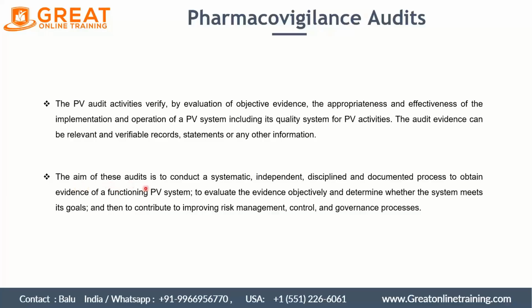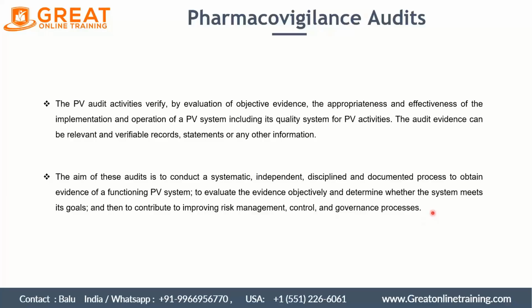And the major aim of these pharmacovigilance audits is to conduct a systematic, independent, disciplined, and documented process to obtain evidence of a functioning PV system and to evaluate the evidence objectively and determine whether the system meets its goals, and then to contribute to improving risk management, control, and the governance processes.